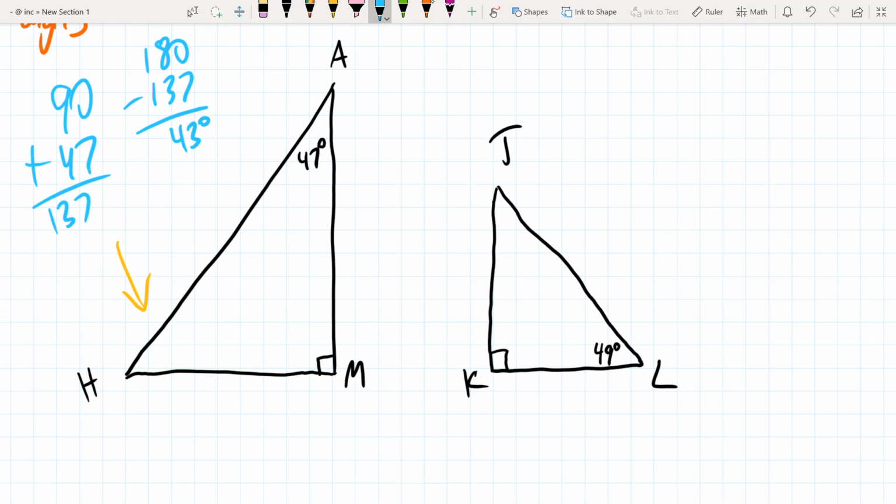So that shows you that this is a 43-degree angle. That is enough for you to say right there that these are not congruent, and therefore the triangles are not similar, because you could say that the triangles are not similar because they only have one pair of congruent angles.